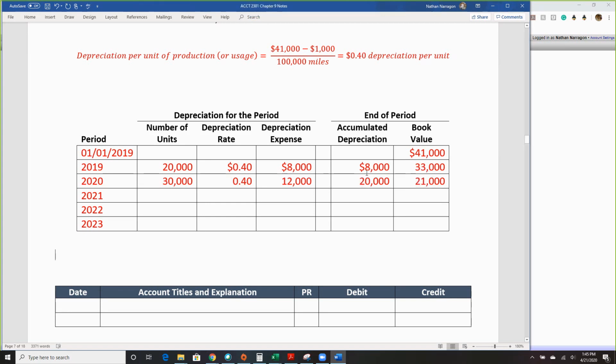So now, again, add to make your accumulated balance be 20,000. You subtract that 12,000 from our book value, we leave with 21,000.